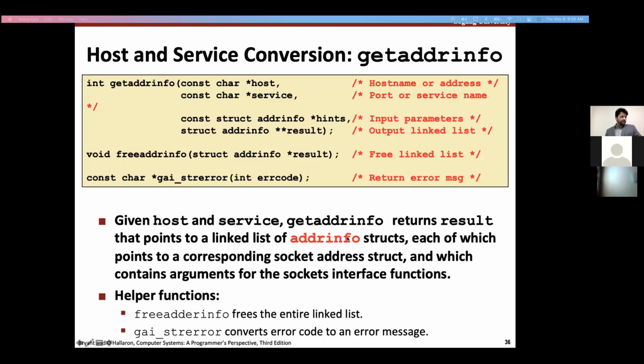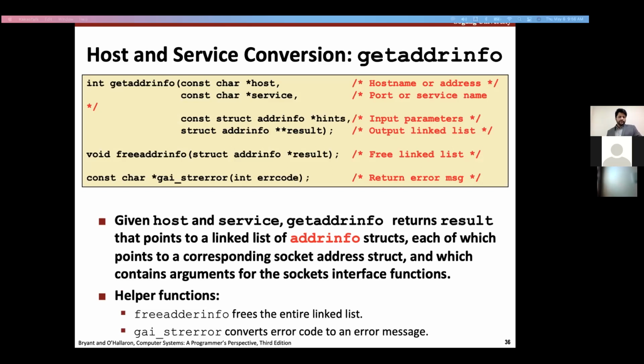Okay, the picture shows the getaddrinfo, freeaddrinfo, and gai_strerror methods. We see that getaddrinfo takes a host name or address, a port or service name, and some address information pointers, and produces the output through these result pointers.